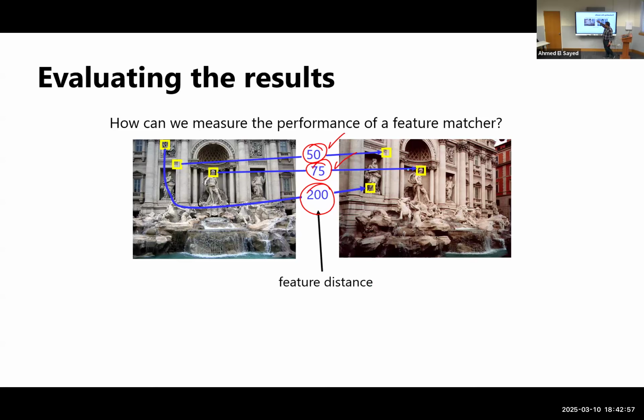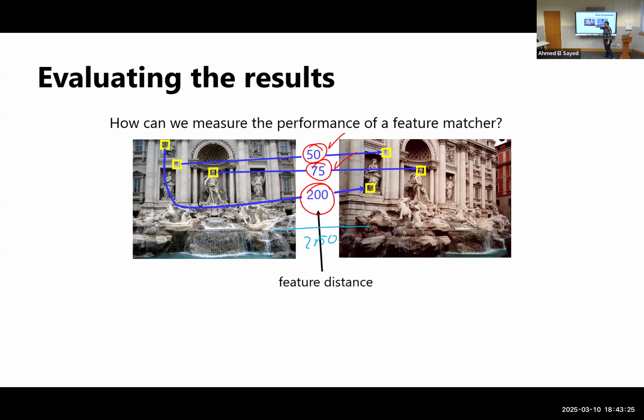I will measure the ratio. Then I will use a threshold. Let's say my threshold here was 250. So all values above 250 are considered to be matching. Based on that, this point matches this point. This point matches this point. This point matches this point.